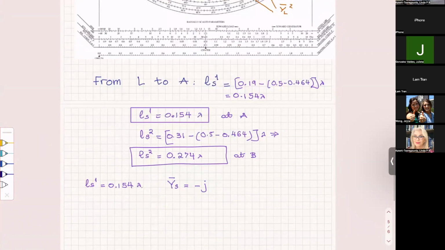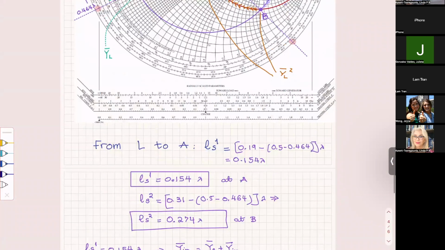At the point where we place the stub, okay, we will have that Y in at that point is going to be Y sub S, which is the stub, plus whatever admittance we had from the line, all right? So in fact, input at some point.